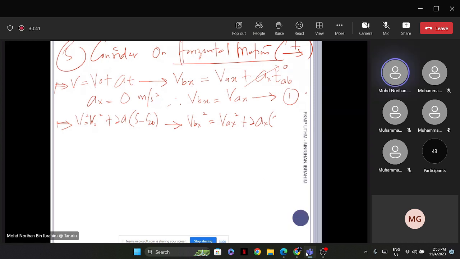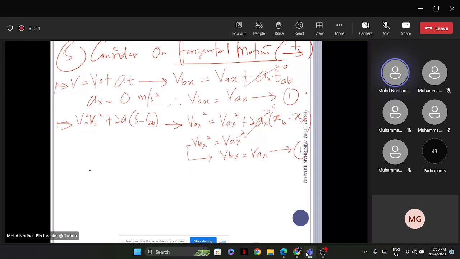So we can write it down as xb minus xa. Here ax is equal to 0, so apa yang akan tinggal adalah vbx to the 2 is equal to vax to the 2. If we simplify this, we get vbx is equal to vax, similar to the first one.